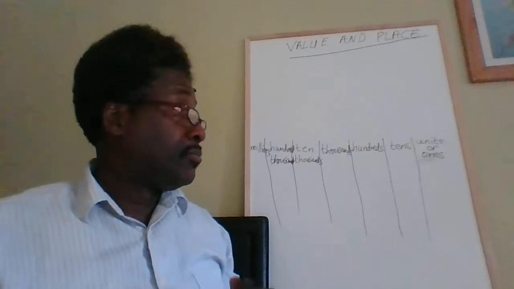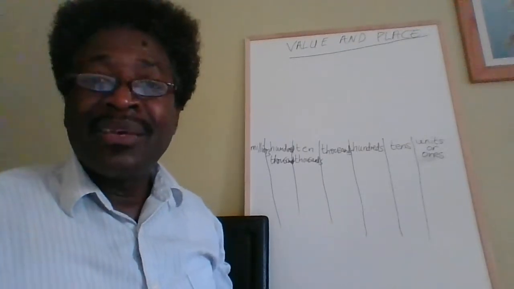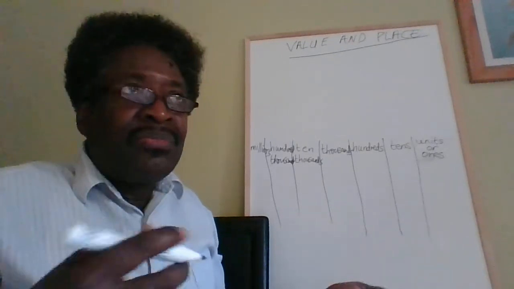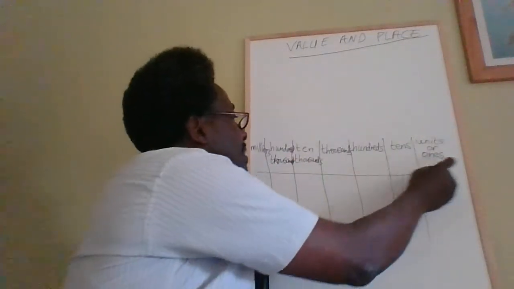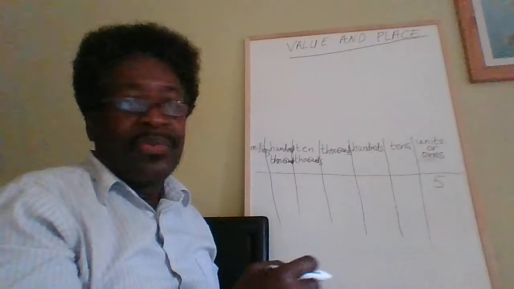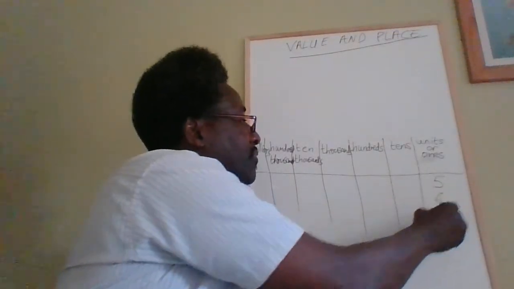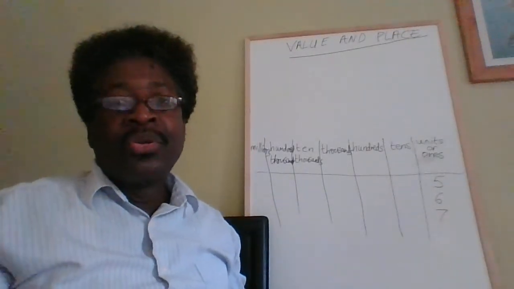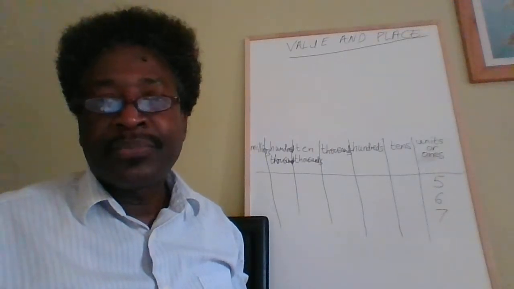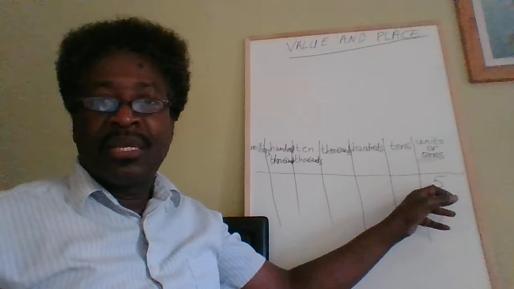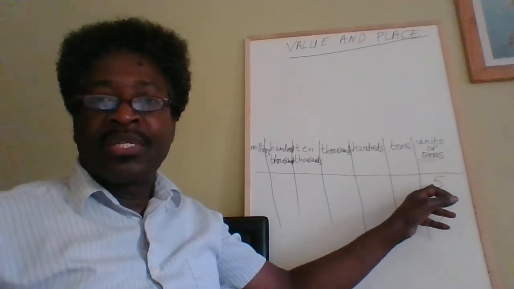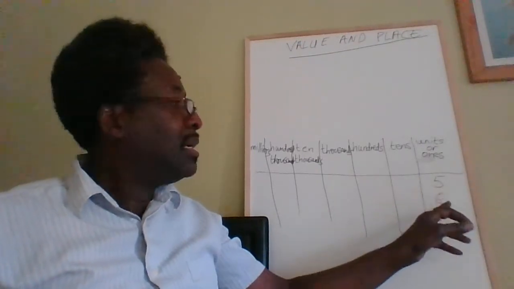Okay, so let's take a one digit number, like 5 or 6 or 7. Those are one digit numbers. We say the value of this digit is 5 exactly.